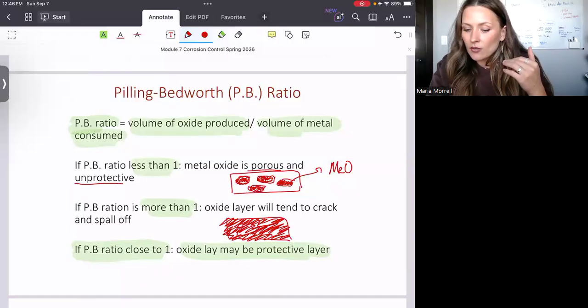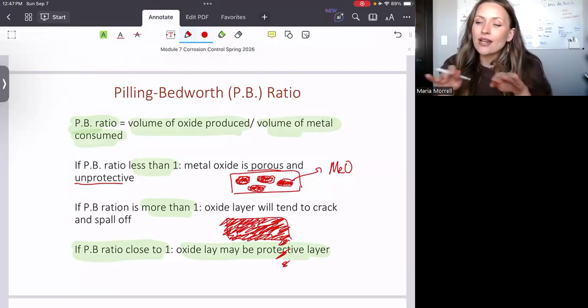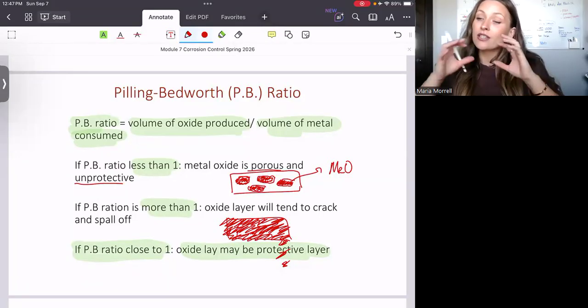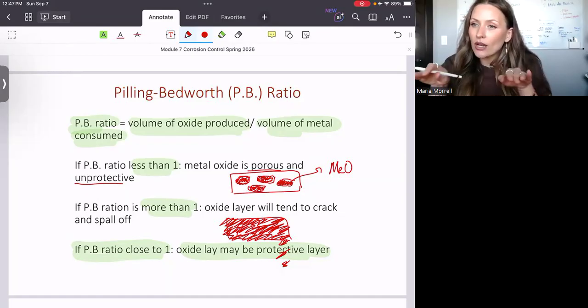So what's going to happen is that you don't have a smooth, nice layer. Instead, you have a layer that is too heavy, and it cracks and falls off. And so this is why typically the closer you are to one, the better, and the more perfect the adhesion of a coating is.